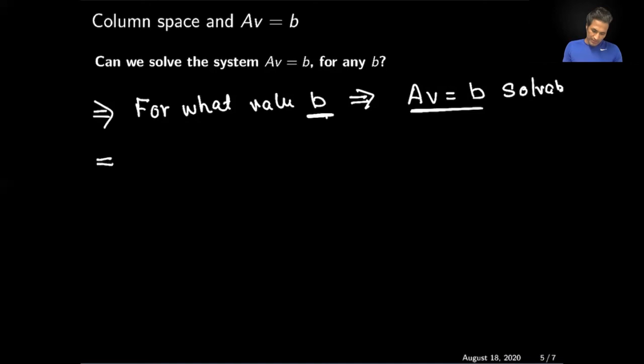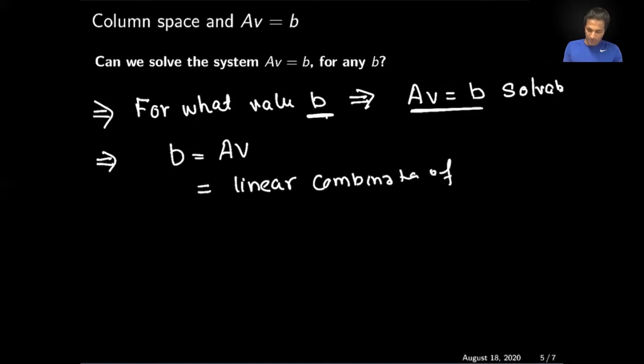Now you can look at the system. b is equal to Av, or in other words, it is a linear combination of the columns of A, because the product of the matrix is defined as the linear combination of the columns of A. But this is the definition of the column space.